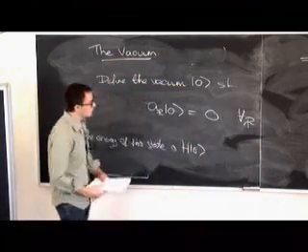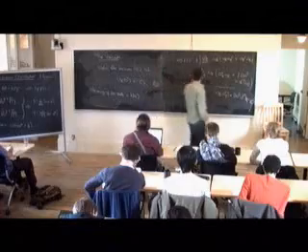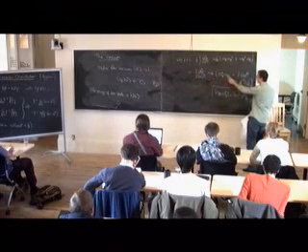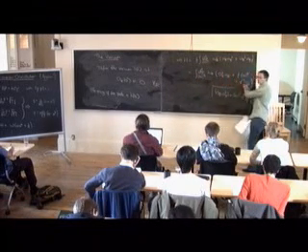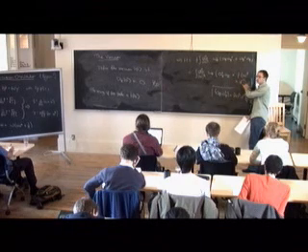So let's figure out the energy of this state. Well, we take the Hamiltonian, we act on the vacuum with it. This term kills it, but this term is a big number.